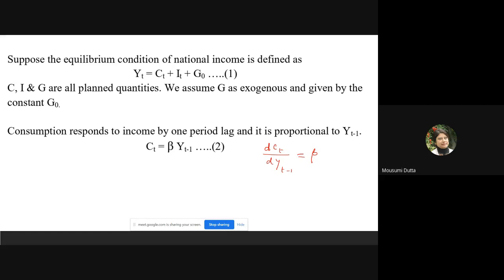Anyone? 0. Yes, 0. Because it may happen that income is changing, however, your consumption is not changing. It is possible. There will be no change in the consumption in the Tth period. It will be similar to the previous period's consumption. So the minimum possible value is 0.